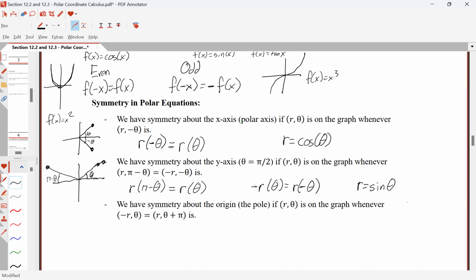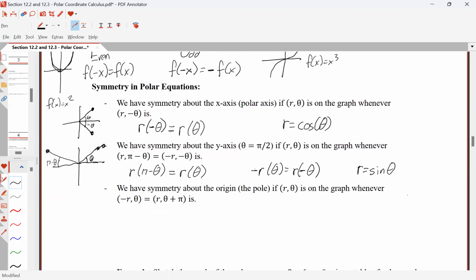And then symmetry about the origin is if whenever r, theta is on the graph, then negative r, theta is also on the graph. So this would be when r, theta and negative r, theta are the same. You notice the input doesn't change here, so more often these are going to be functions that are in terms of theta, and we may have something like an r squared, or maybe something with just r, where the negative will cancel away. Or r equals plus or minus the square root of our function of theta.